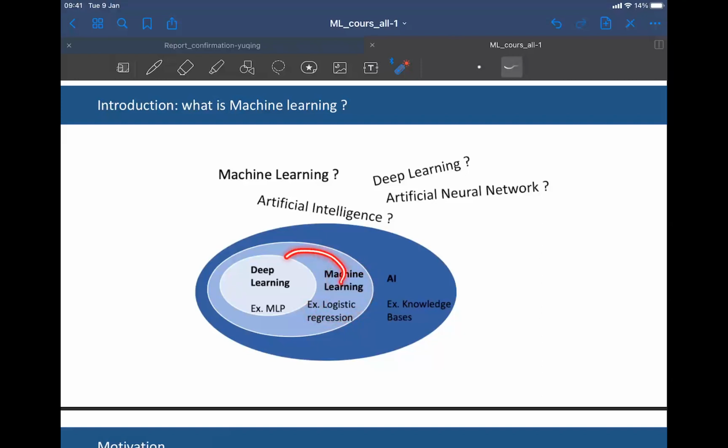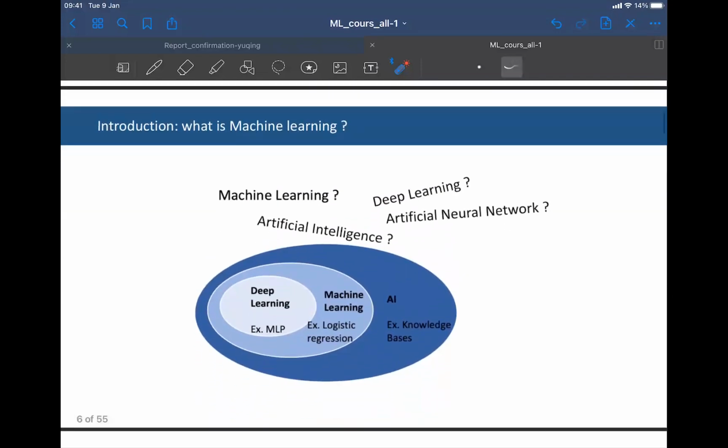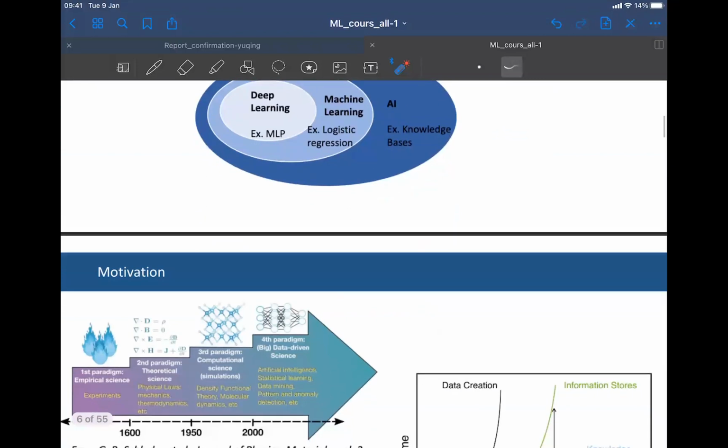And then inside machine learning, you have deep learning, which is a special group of models based on deep neural networks that have many layers, and that can be very accurate on, for instance, recognizing faces and objects in images. Okay, so this is a bit the structure of these different things.